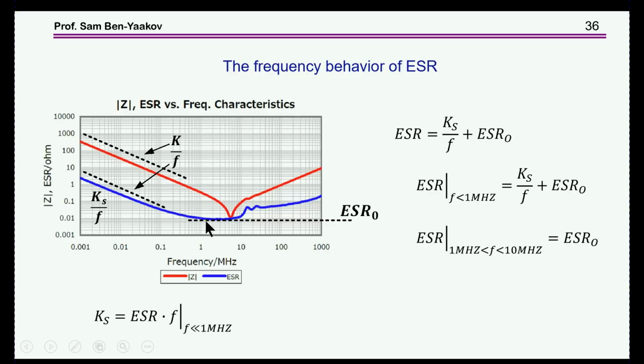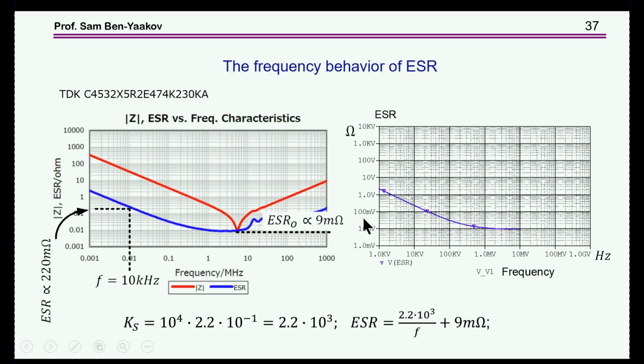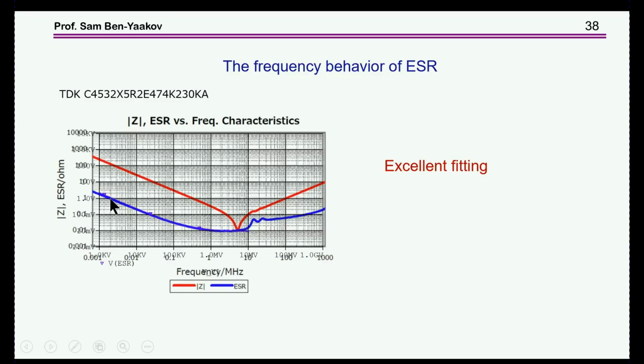And at the resonance frequency, you get this ESR sub 0, as I call it. Now, if I take this expression and plot it on this, well, you can't see it. It's exactly the same. So this is the equation. This is the description of the ESR. It's going like this.